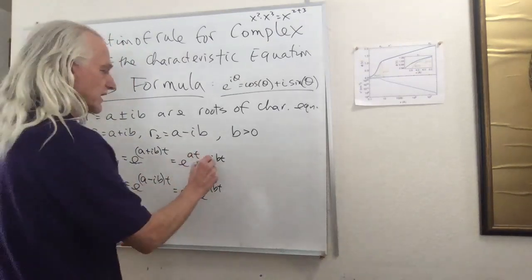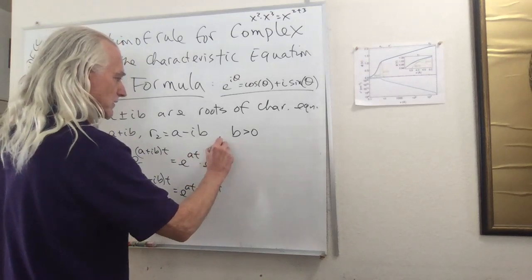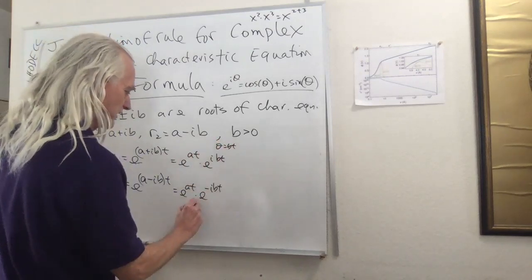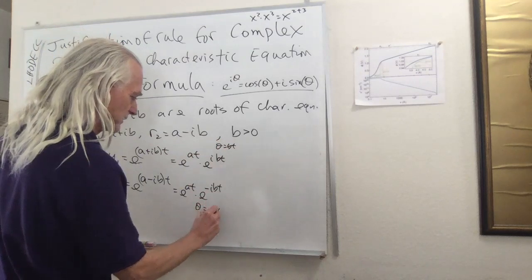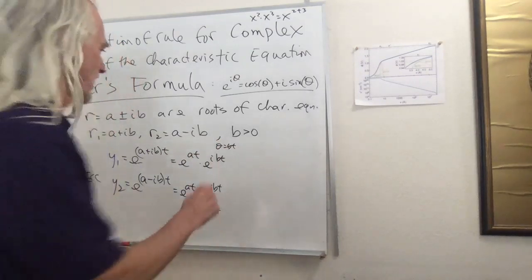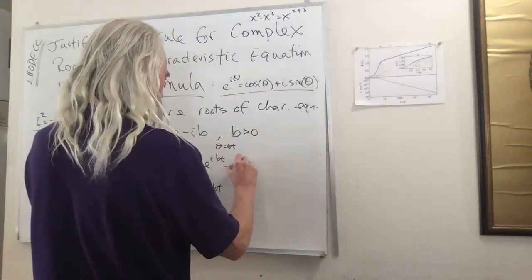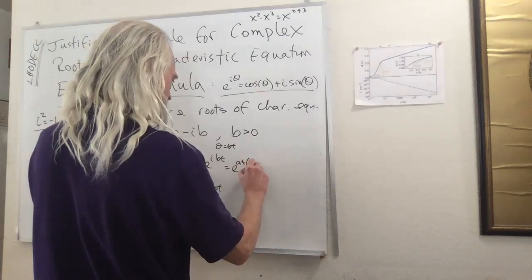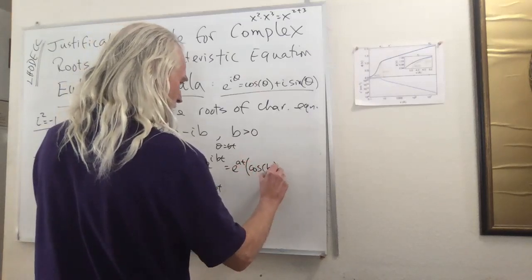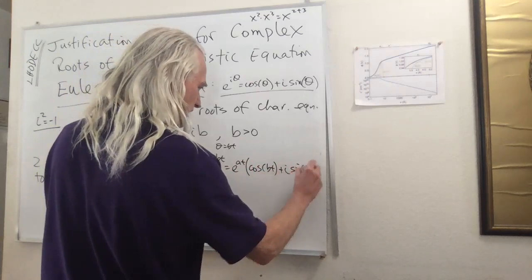So here, I'm going to use theta equals bt. And here I'm going to use theta is negative bt. And I'm going to use the fact that cosine is even and sine is odd. But let's just do this with a bt. I don't have to worry about it. So I get e to the at times cosine of bt plus i sine of bt.